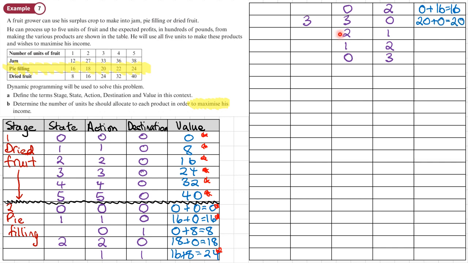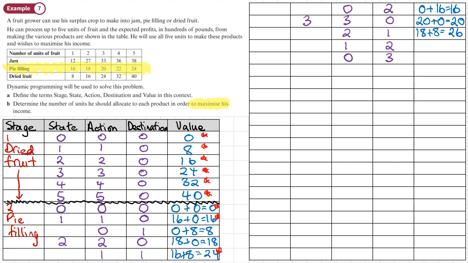If I use up 2 units, that's going to be 18. And 18 plus what 1 unit would be in the next stage, and that is 8 just here, so 18 plus 8. And if my maths is right, I believe that is 26.